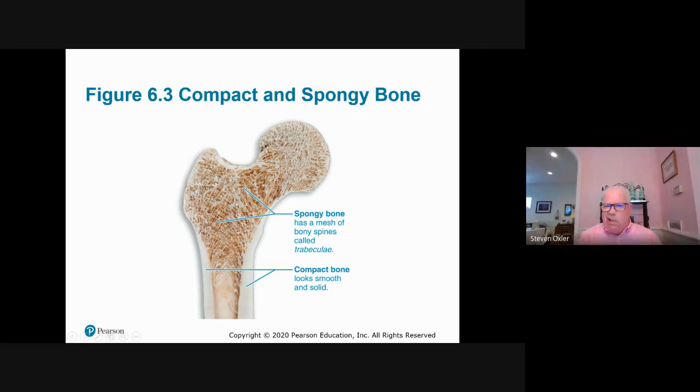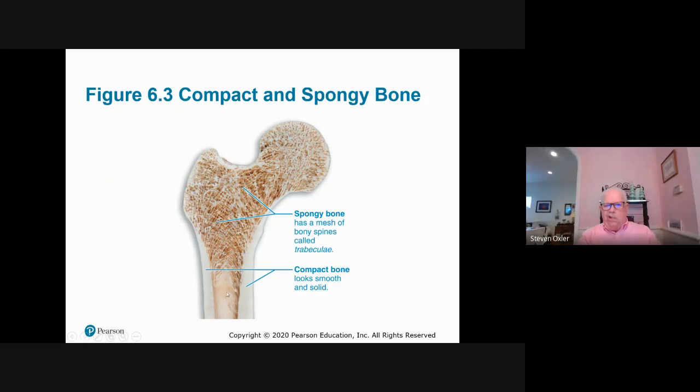And this is where we would stick a needle in to get your bone marrow if you wanted to give it to a cancer patient, or if you are having problems with your blood and we wanted to look at your bone marrow, we would stick a needle in here and take some of this bone marrow out and look at it. Okay? And here's compact bone. Look, smooth and solid.